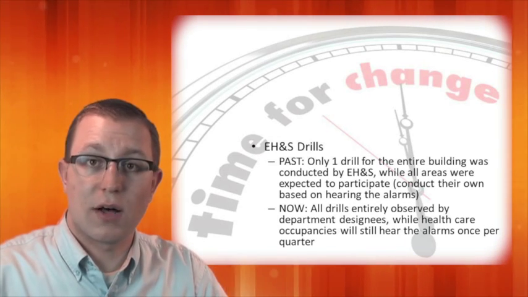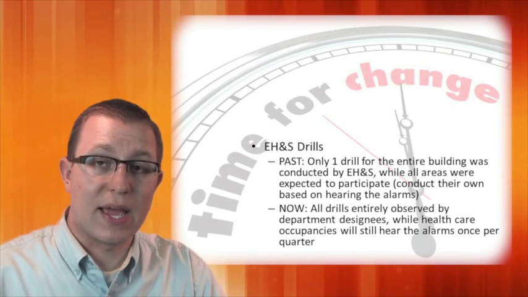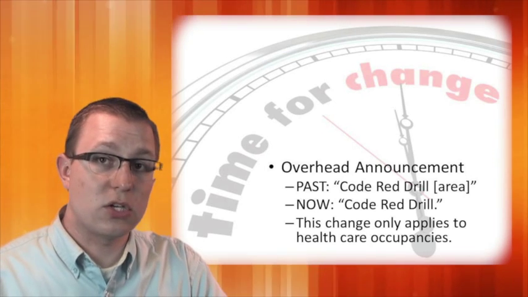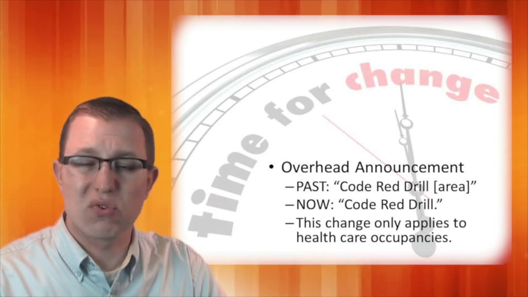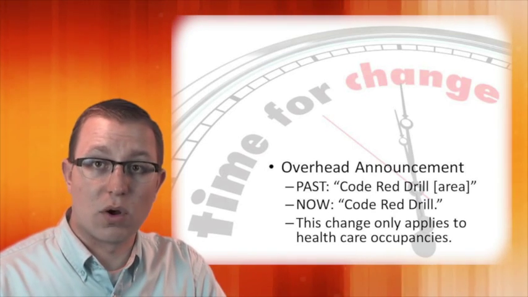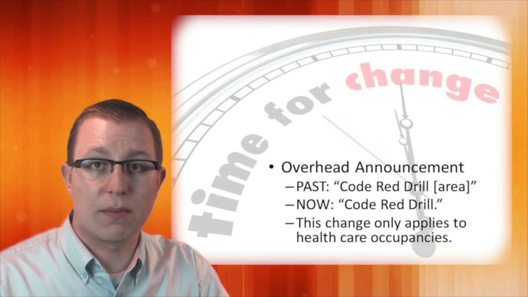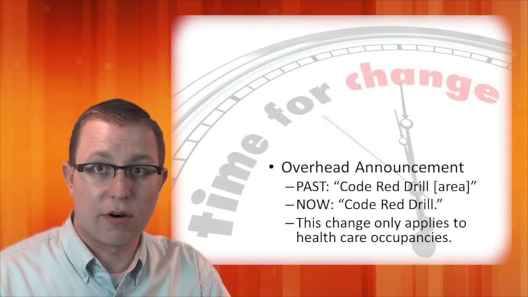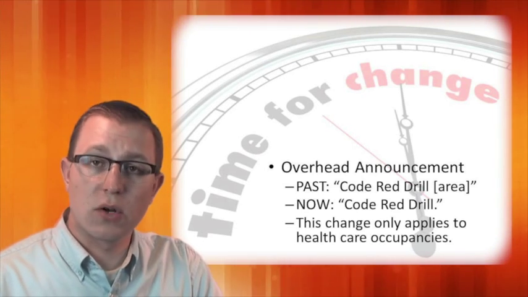So when the alarms go off, an announcement will go forward, and that is the other change. The announcement used to say a location. It would say code red 3700 or something like that. And then everyone would know, okay, that's where the fire drill was initiated by EH&S. We still need to go ahead and do our forms. We weren't getting a whole lot of those forms in.